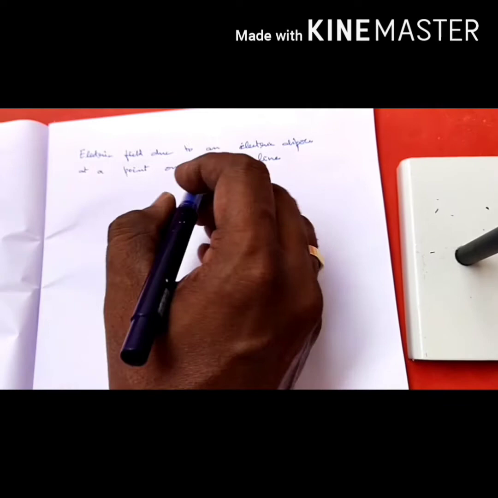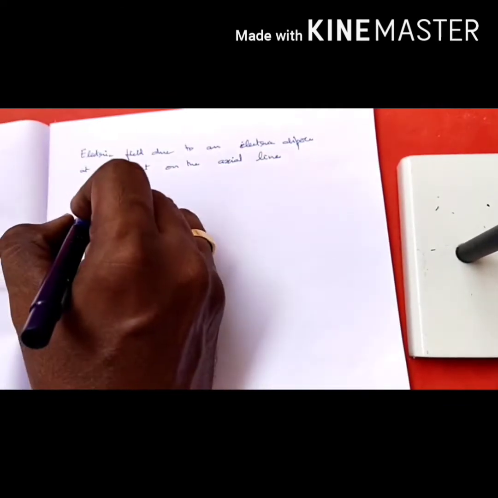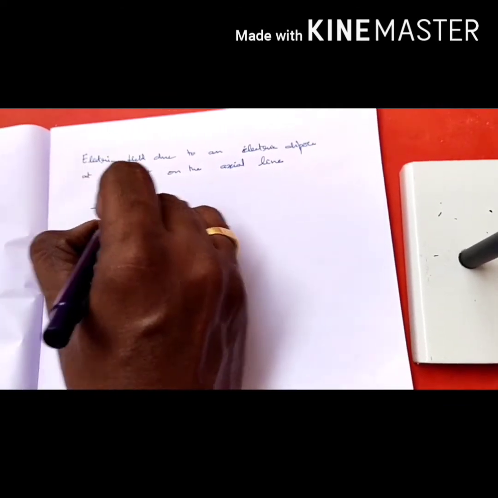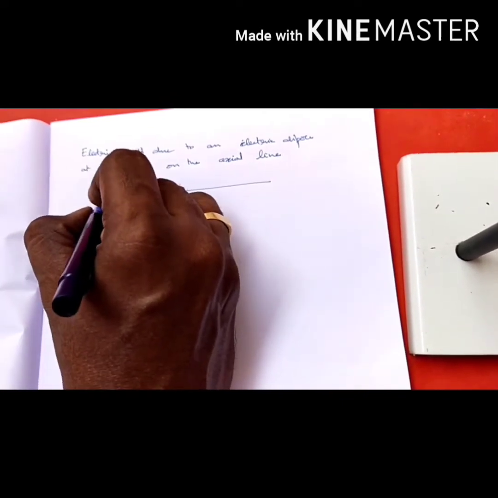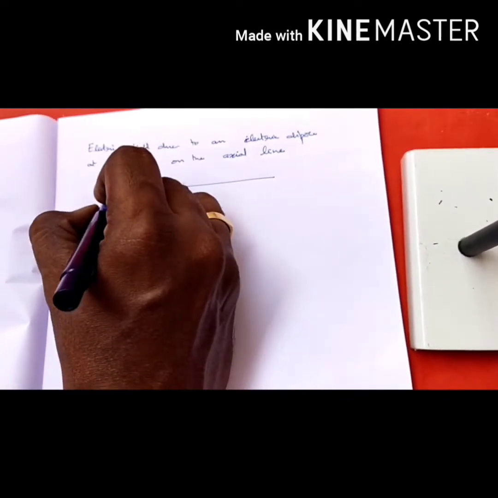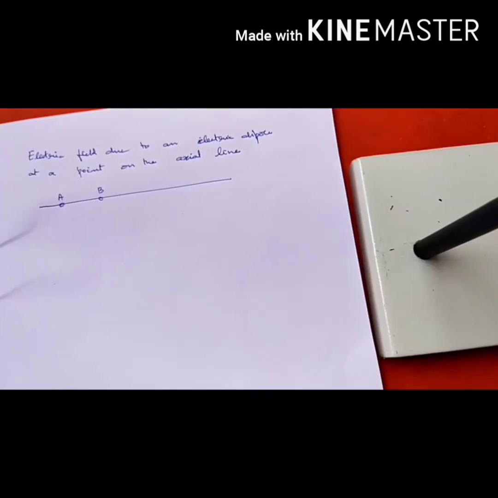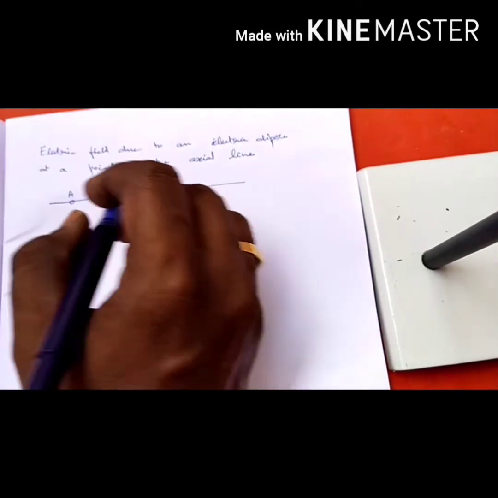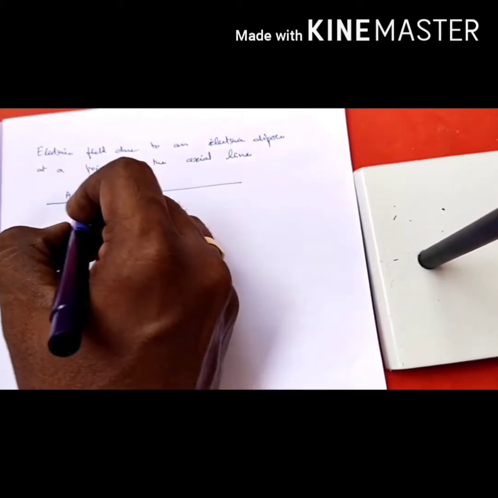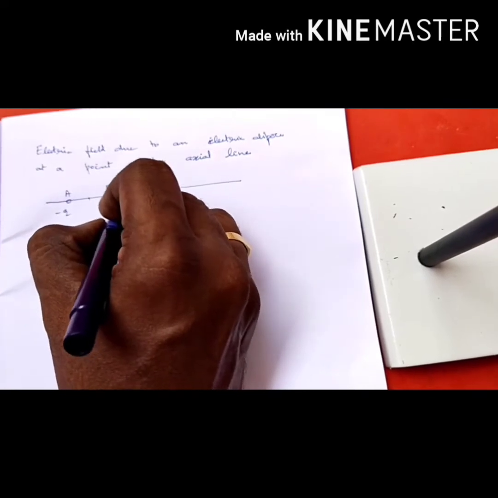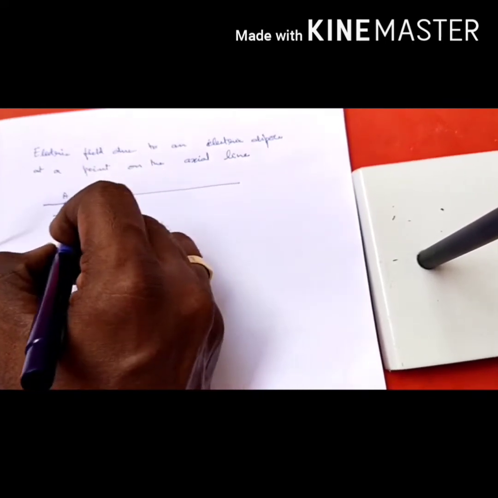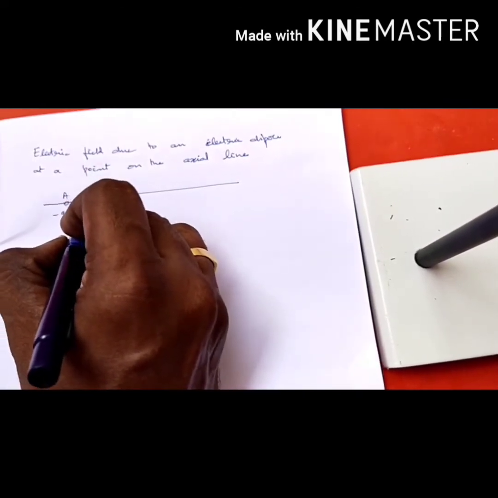What's a dipole? Two equal and opposite charges separated by small distance constitute an electric dipole. Here AB is a dipole. Here minus Q and plus Q are two equal and opposite charges separated by a distance 2a.